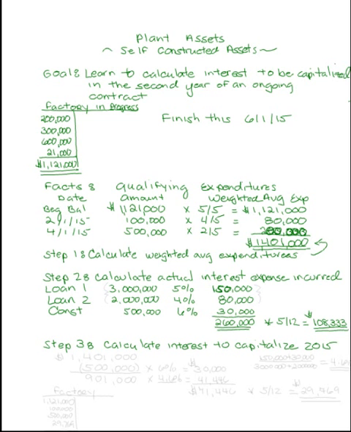To calculate the amount of interest that you could capitalize for 2015, let's start with the accumulated weighted average expenditures, which are $1,401,000. The first $500,000 of that is going to be at 6%, but that leaves a big chunk to be at a different rate: $901,000.